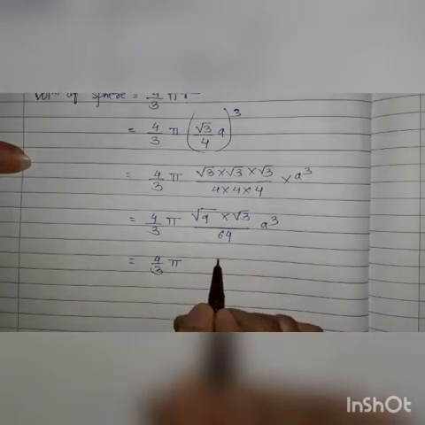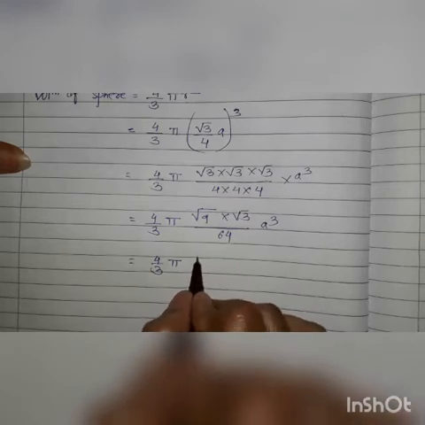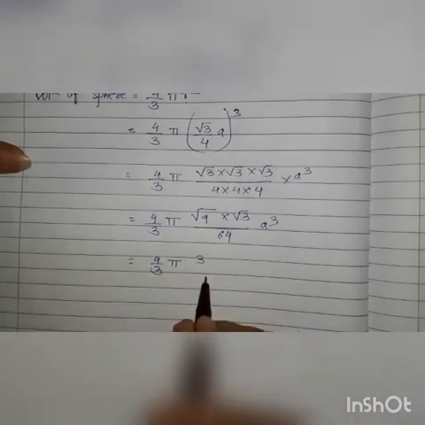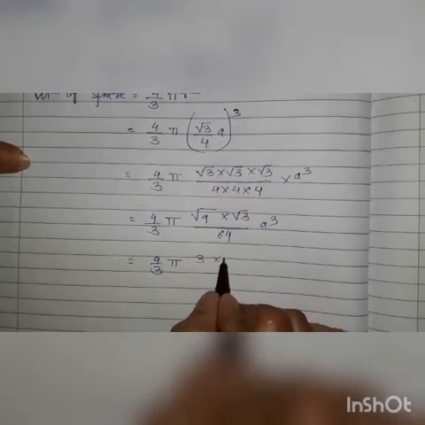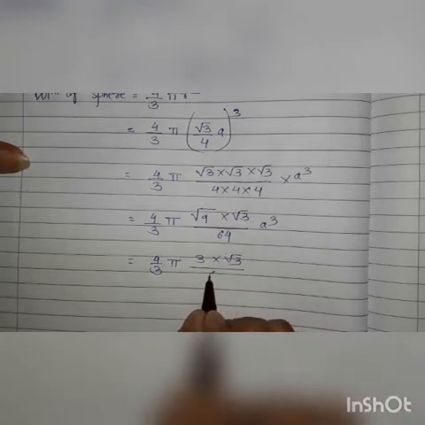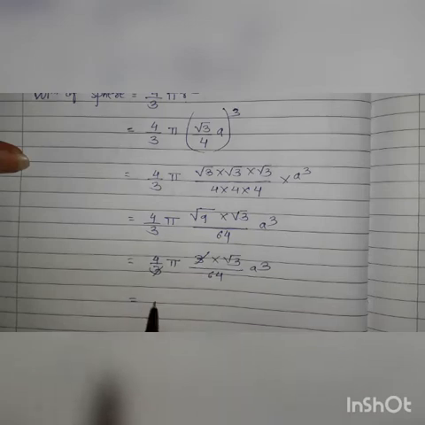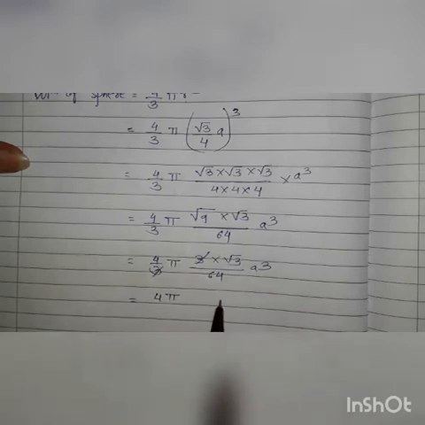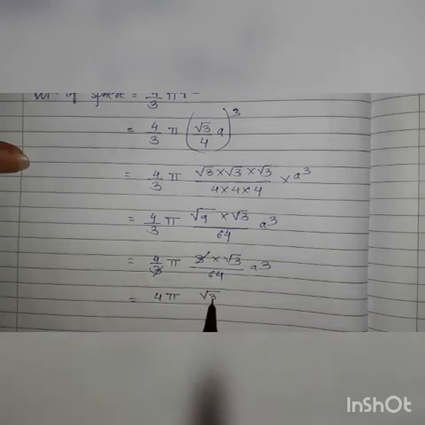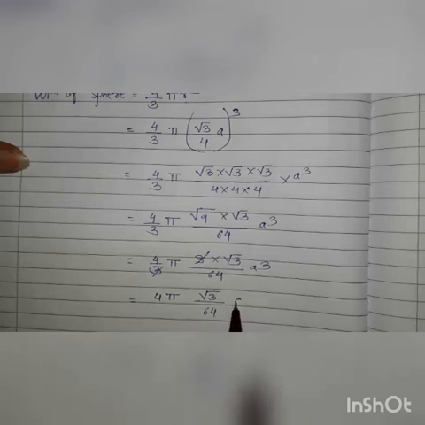What is the root of 9? 3 3s are 9. So here, instead of root 9, I will write 3 multiplied by root 3 divided by 64 a cube. This 3 will get cut. So 4 pi, and what is remaining over here, 3 64 a cube.